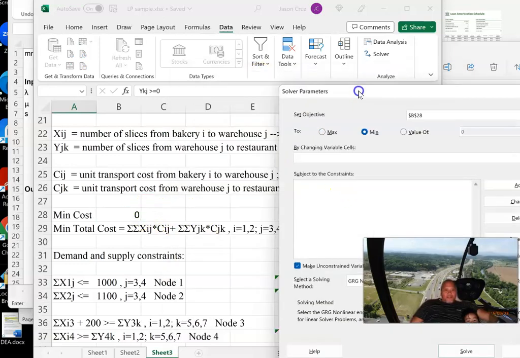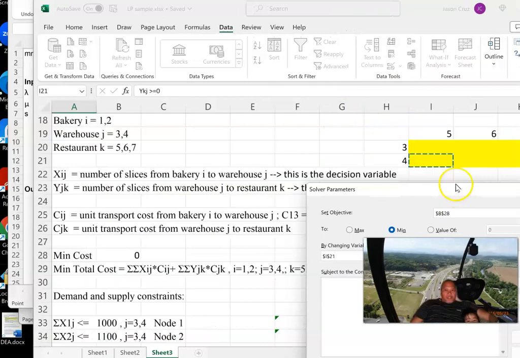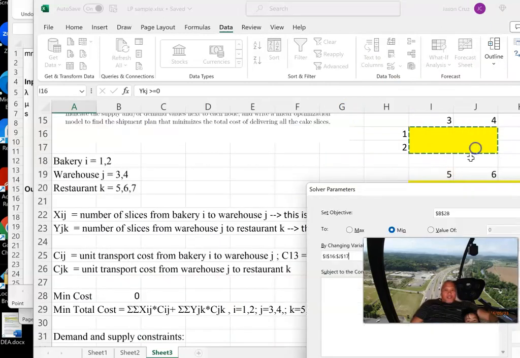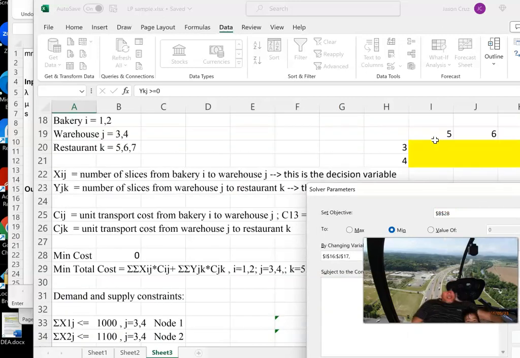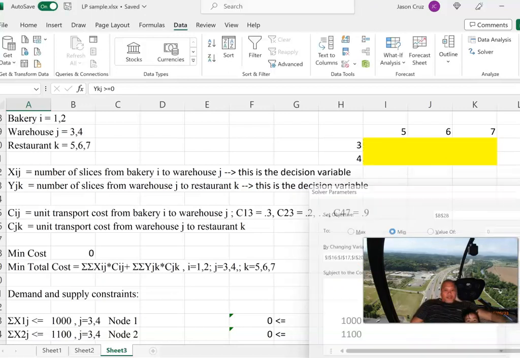And these are the decision variables. You highlight the xij, and then you highlight the yjk, and you put a comma. And then the constraints.